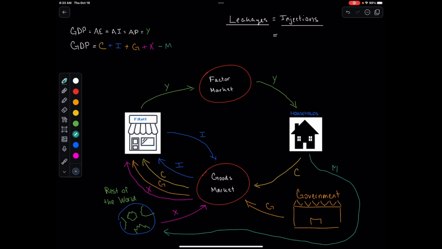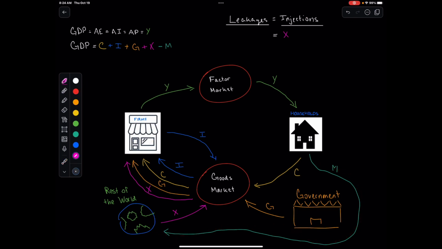So at the top here, we will use pink. An injection would be exports. And similarly, on the flip side of that, a leakage would be imports. There's that $100 going through, but if a household decides not to spend that money in the Canadian goods market, or the home goods market, the domestic goods market, I should say, that is money going out to the rest of the world.